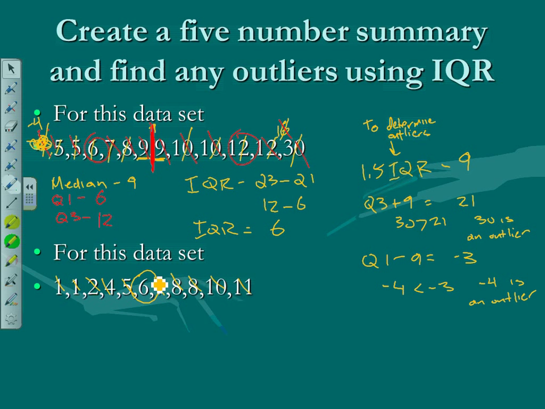Here's a very, very important next step. You would put a line through 6, and you would not be including 6 to split up your data. Don't include 6 to find the median of the top half. Don't include 6 to find the median of the bottom half.